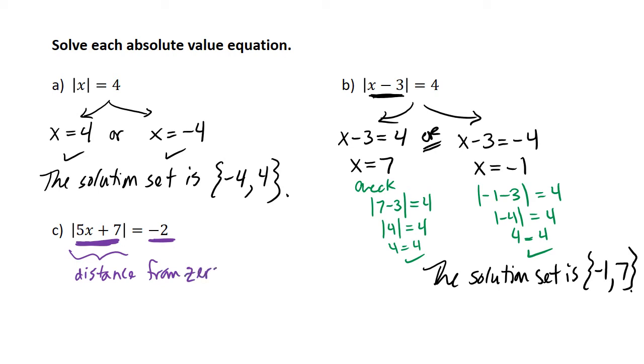We can't have a distance that's not positive or 0. Remember, we defined it as a positive distance, and this is a negative number. So this is not possible as we define absolute values. So our answer to this problem right away would be no solution. Okay, there is no solution to an absolute value equal to a negative number.